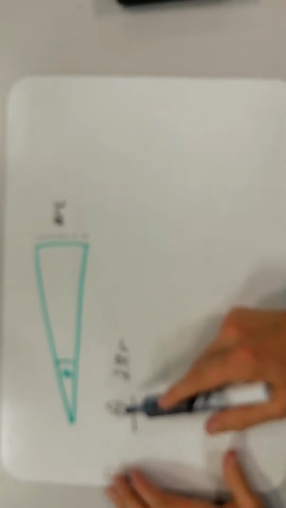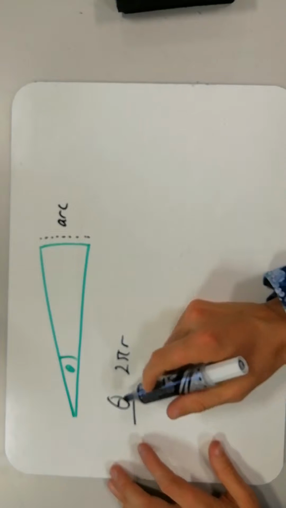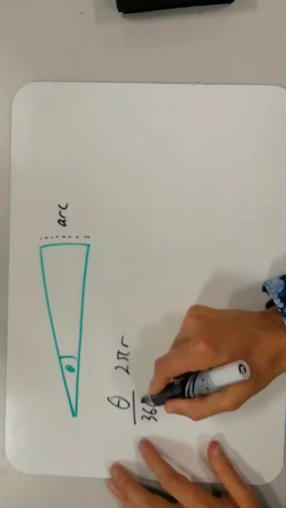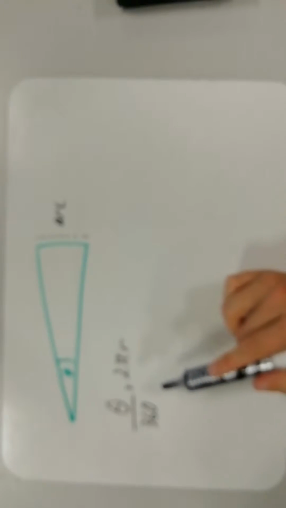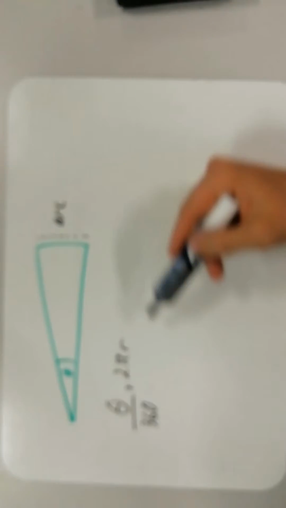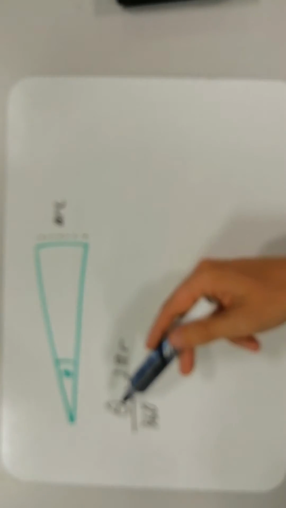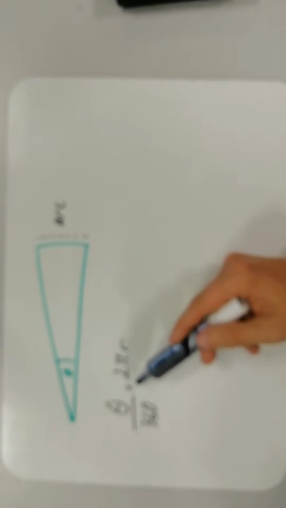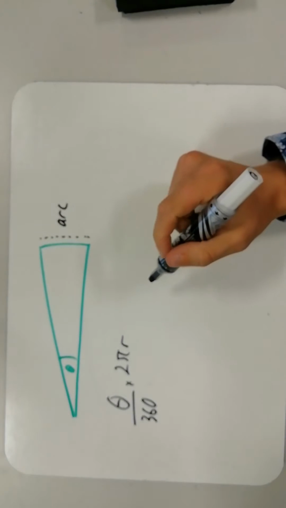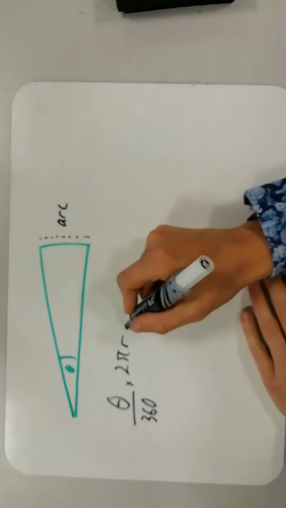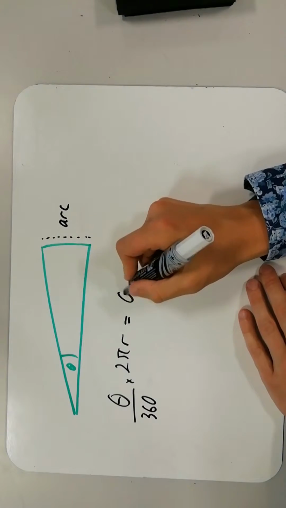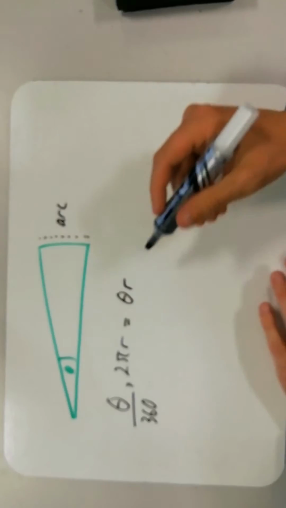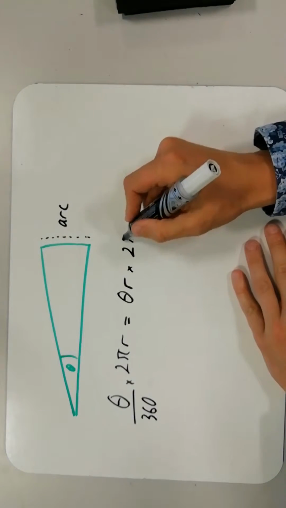So we'd say, okay, it's theta out of the 360 degrees that are available. And we do that calculation, and that's going to give us just that arc length. Theta over 360 times the full circumference. And that's fine, but every single time we're basically doing theta times r and then timesing by this constant.